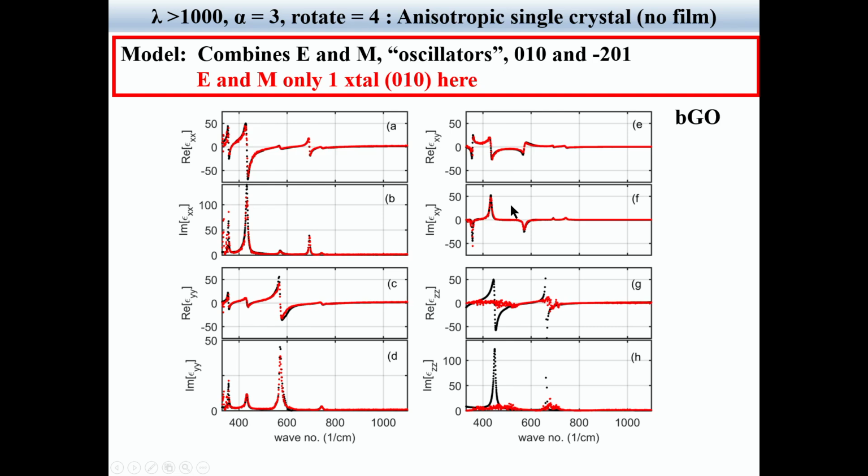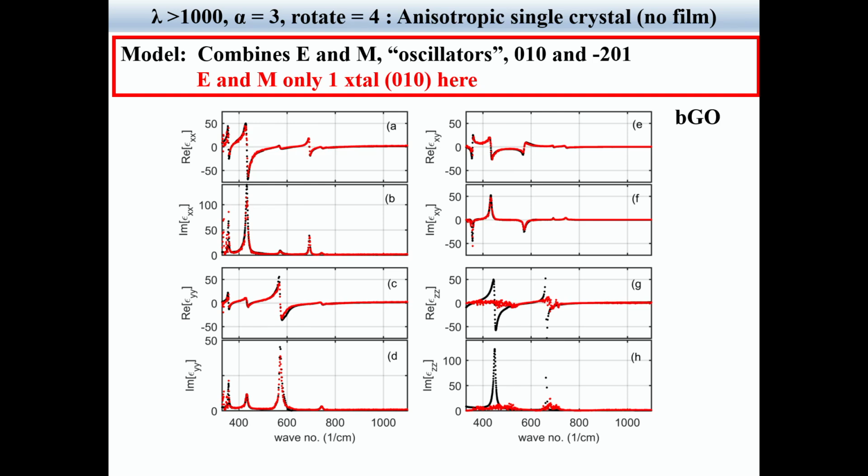And here is a term XY, and that's a long discussion why that component is needed. But as you can see, if we make a measurement here on only one crystal, an 010 crystal, we get the XX, YY, and XY, but we cannot see the ZZ, and that's a physics issue.